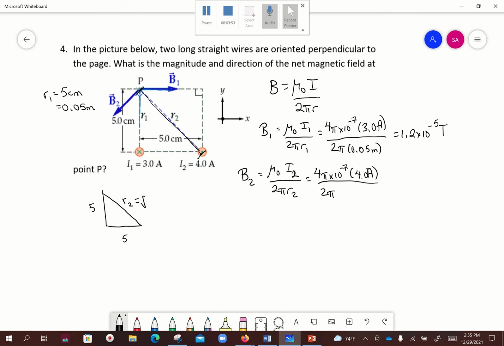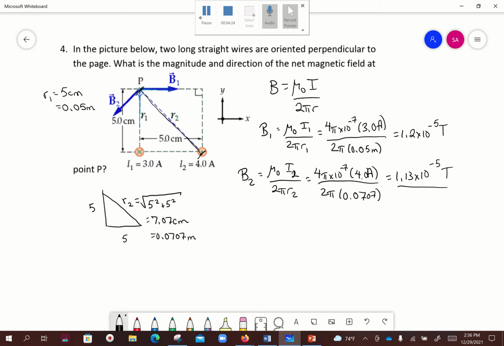R2 is going to be the square root of 5 squared plus 5 squared. Okay, so that's going to be, if I put that in my calculator, 7.07 centimeters, just using Pythagoras. So that's 0.0707 meters. So if I put that in the denominator, I get 1.13 times 10 to the minus 5 Tesla.